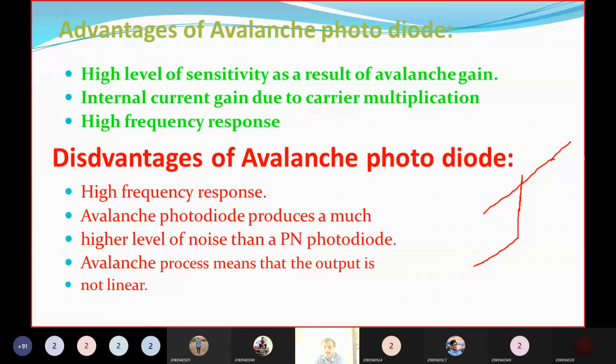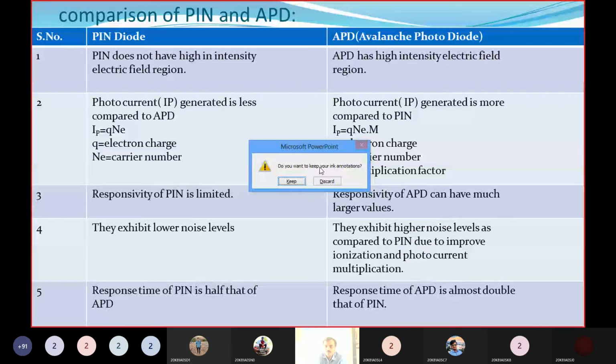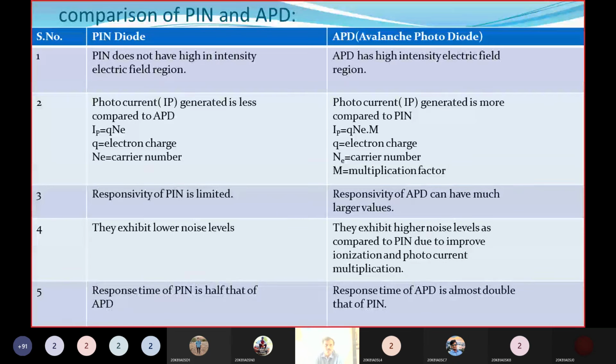Now, comparison of PIN and APD diodes. The first point is that the PIN diode does not have a high intensity electric field region within the diode.